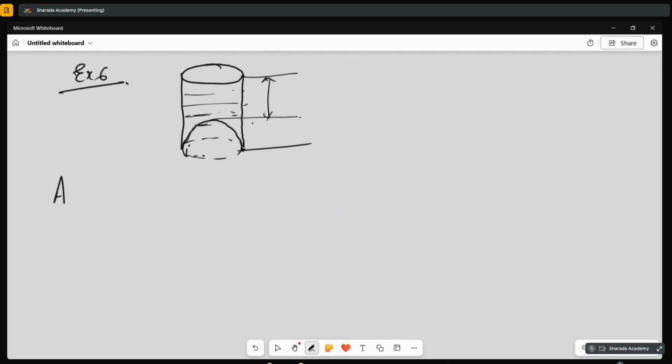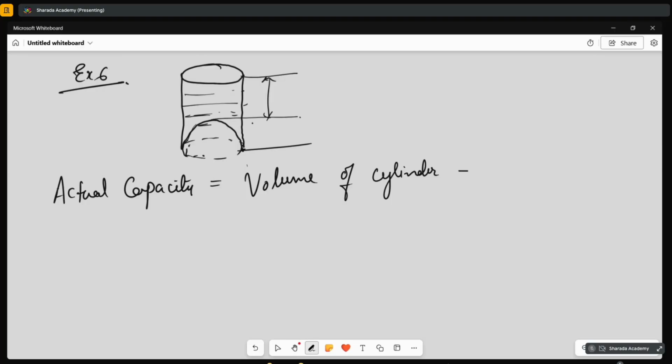So actual capacity here will be equal to the volume of the cylinder minus the volume of the hemisphere. This is the actual capacity, but for looking, it looks like the volume of the cylinder.